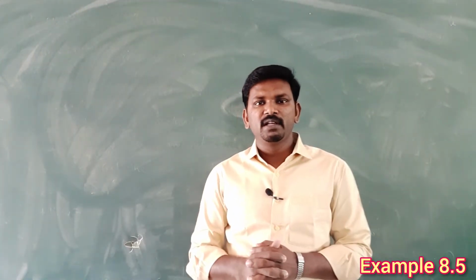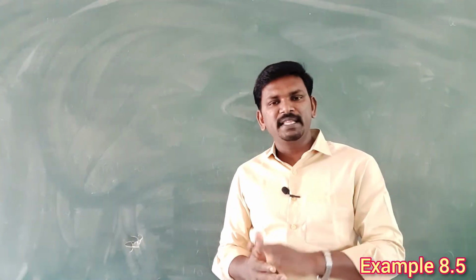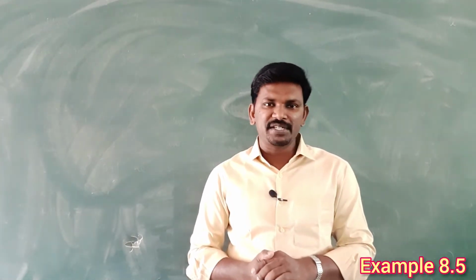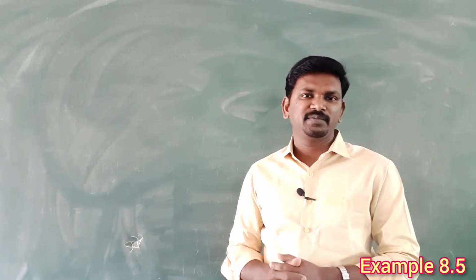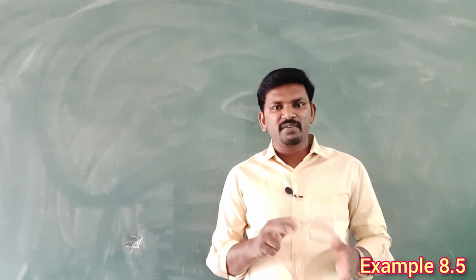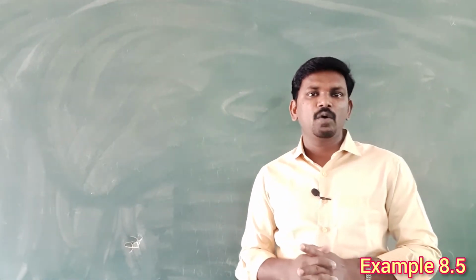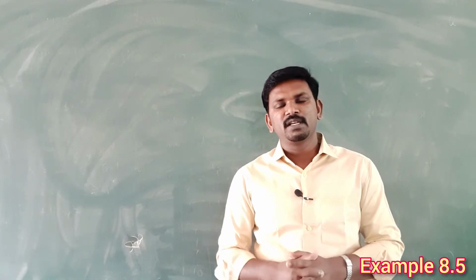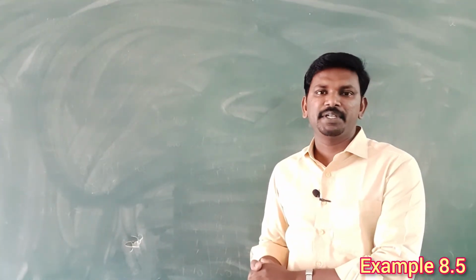For ungrouped data we can use four methods to find the standard deviation. The first one is the direct method, that is the square root of summation of x square by n minus, summation of x by n whole square. That we have already discussed in the last video.